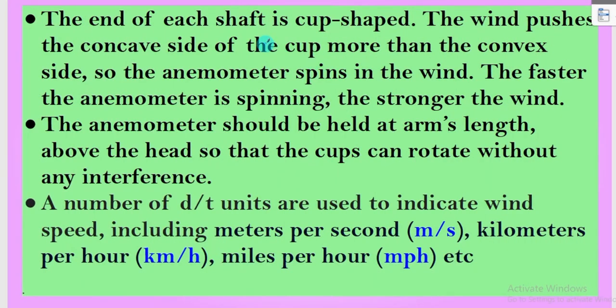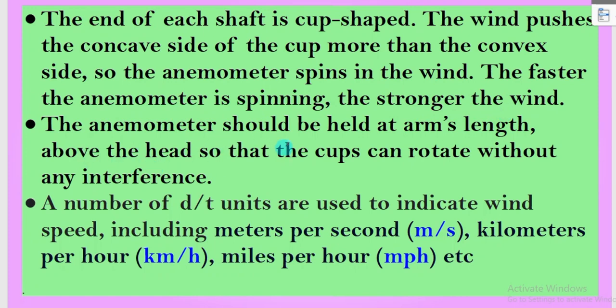The end of each shaft is cup-shaped. The wind pushes the concave side of the cup more than the convex side, so the anemometer spins in the wind. The faster the anemometer is spinning, the stronger the wind.